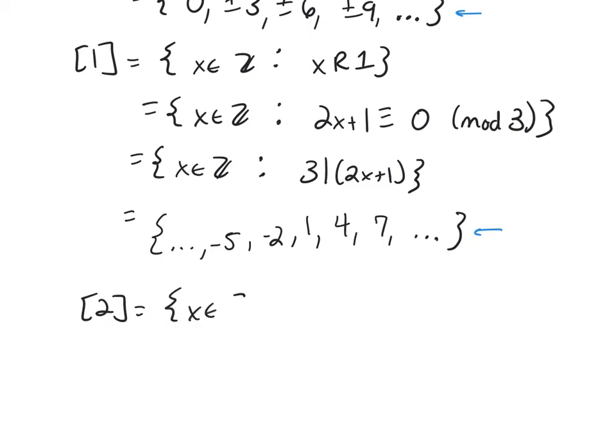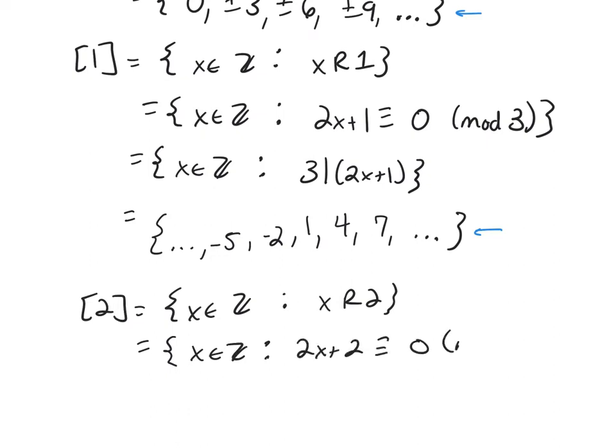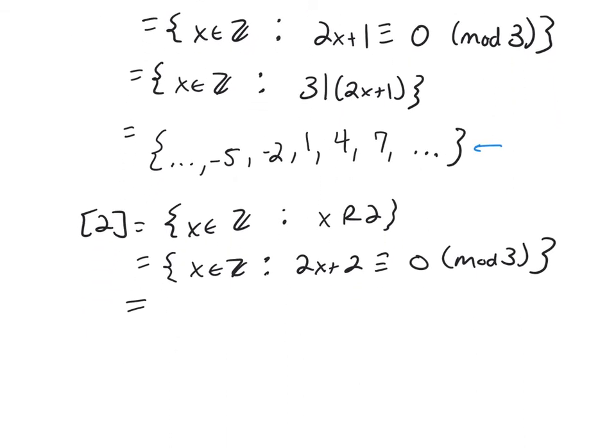The x in Z where x is related to 2, x in Z where 2x plus 2 is congruent to 0 mod 3. And you can say that this is x in Z where 3 divides 2x plus 2.